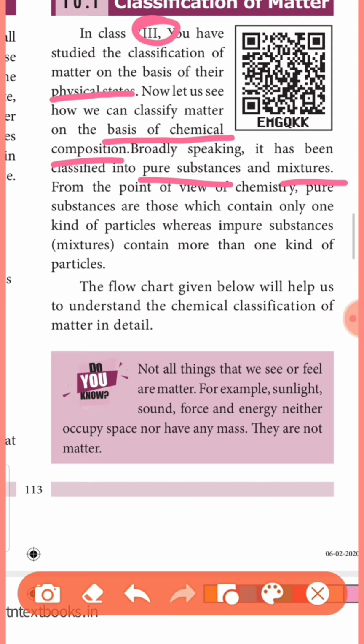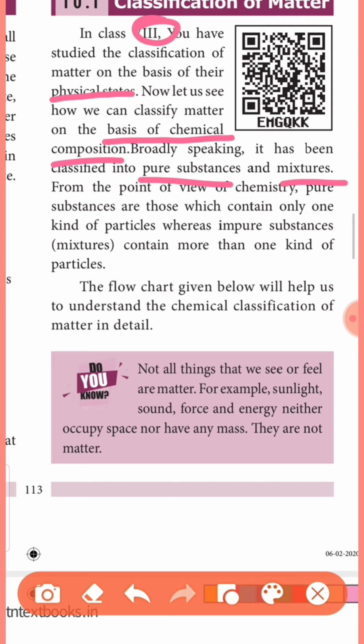At this point, you also have to know that sunlight, sound, force, these are all the things around you. But these things will not come under matter because they are simply energy. They don't have any mass and they will not occupy any space.